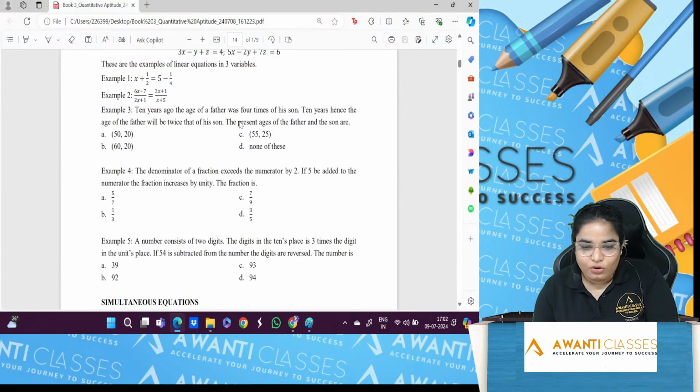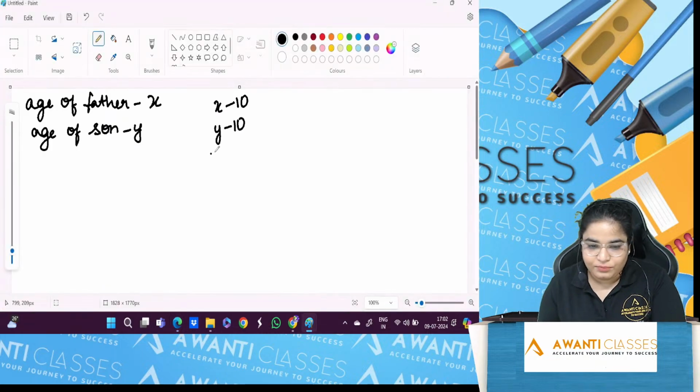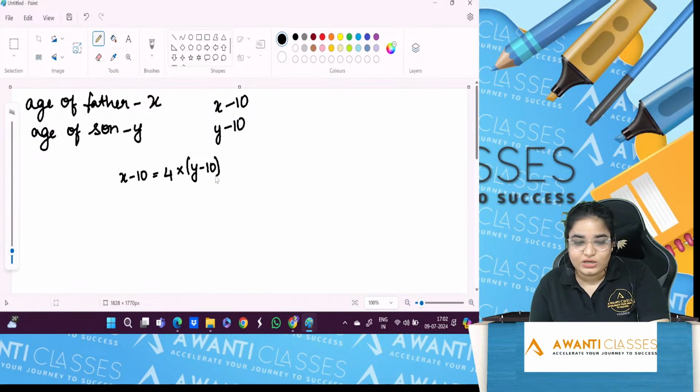So, 10 years ago, father's age, X minus 10, was equal to 4 times Y minus 10. Yes, first equation is ready.